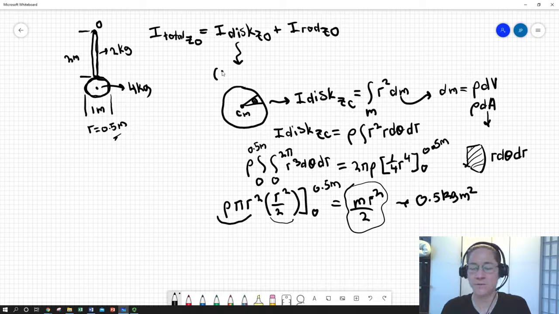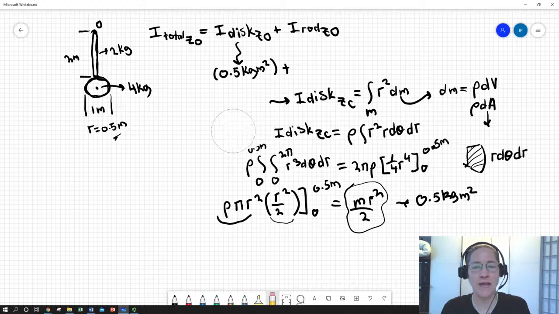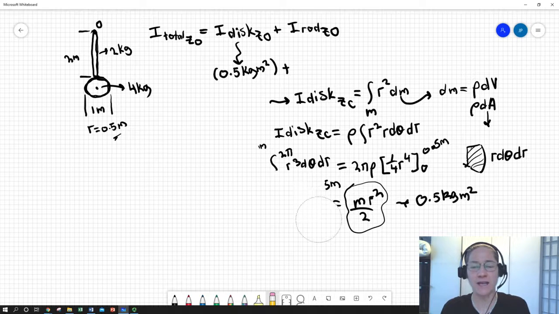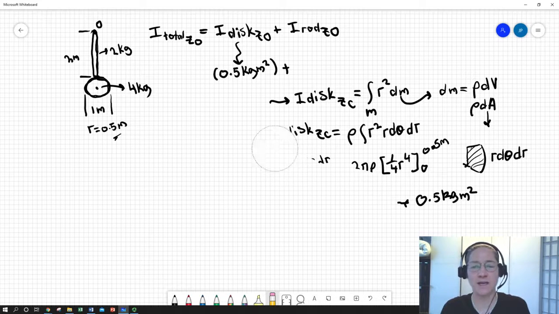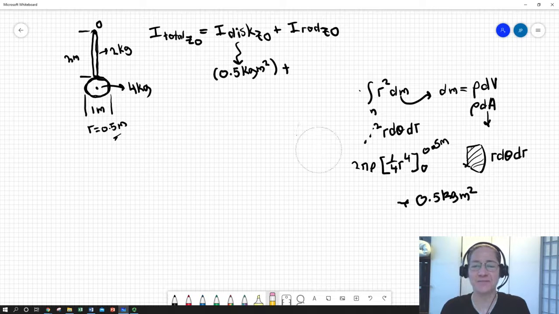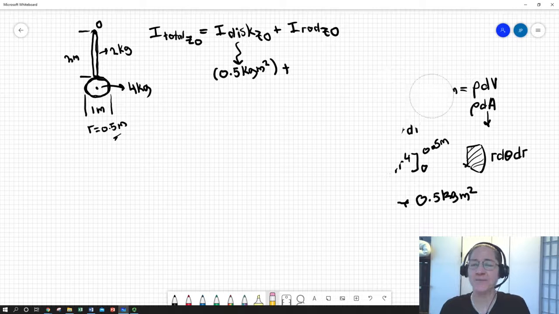So we're going to just rewrite that up here. Plus, and now I can erase all of this. So that was getting my IZ of the plate about its center of mass, but I need the disk, that circular thing at the bottom.